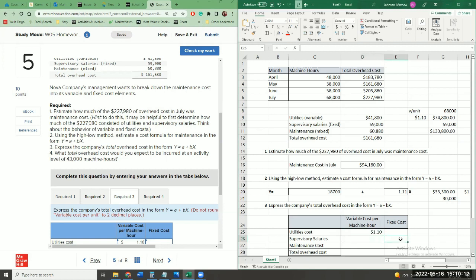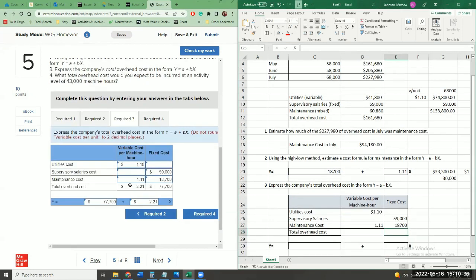The supervisor's salaries is just a fixed cost and the total is 59,000 no matter how many machine hours they use. And the maintenance cost is both, it's mixed. So now we know that the variable cost per machine hour is 1.11 and the fixed part is the 18,700.